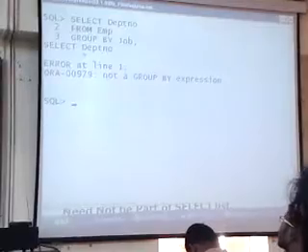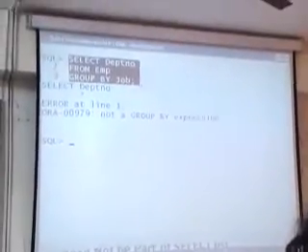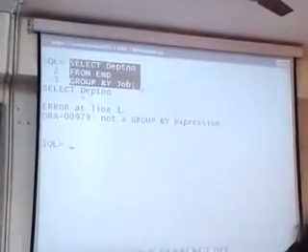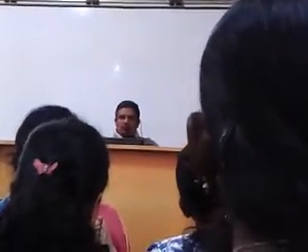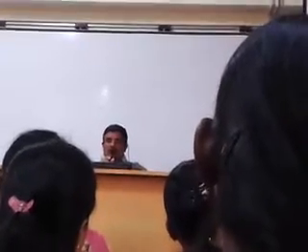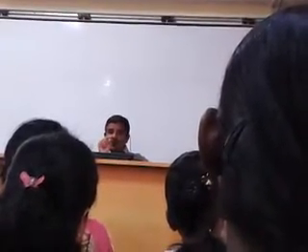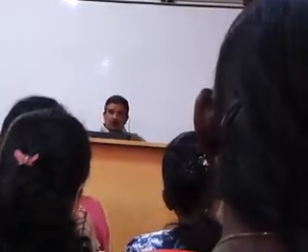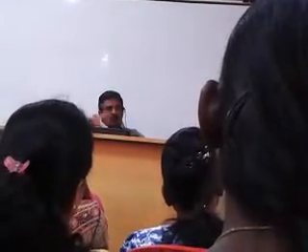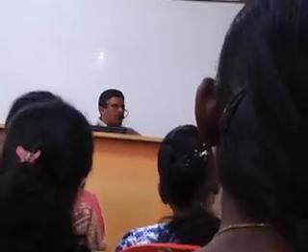So always I want you to remember one thing. In any select statement written with a group by clause, the columns that are not part of the group function should definitely be part of the group by clause. Columns that are part of the group function need not be part of the group by clause.